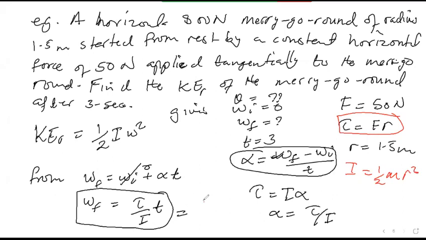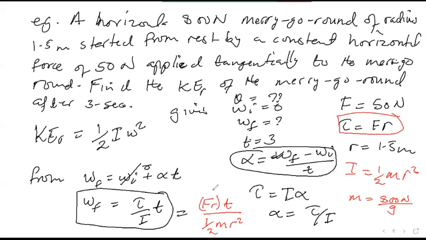So we are going to put F times R multiplied by time, divided by half M R squared. That is omega final. We can find M where M is equal to 800 newtons divided by g. So we can replace M by 800 newtons divided by g. This will give us the omega final.